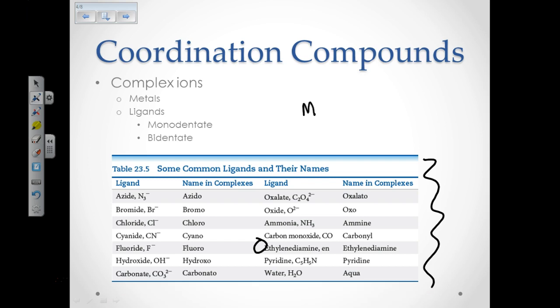So again, we have the metal in the middle, and then an ethylene diamine, which attaches through the nitrogen, and then there's a carbon, and then another nitrogen. It'll attach in two places. So bidentate, two bites; monodentate, one bite. That's kind of how they got their names.